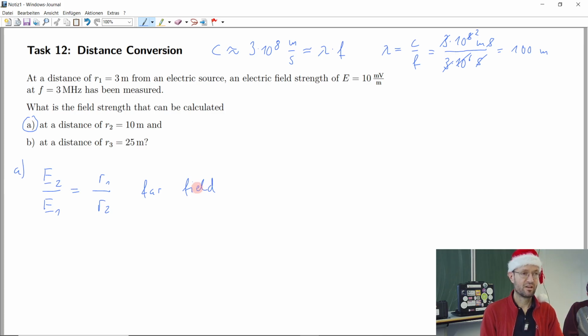Because, as we discussed, in the far field we have a constant ratio between the electric field and the magnetic field, and this ratio we call, for example, eta. So what is the unit of this eta?